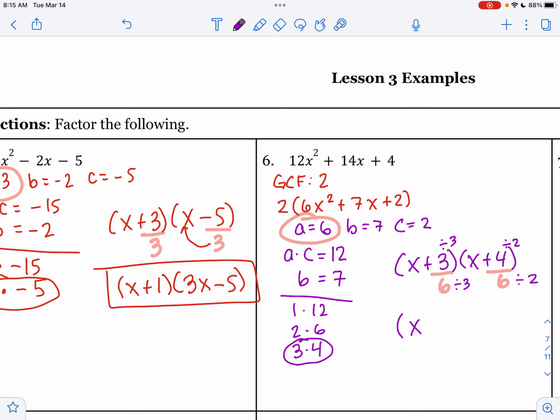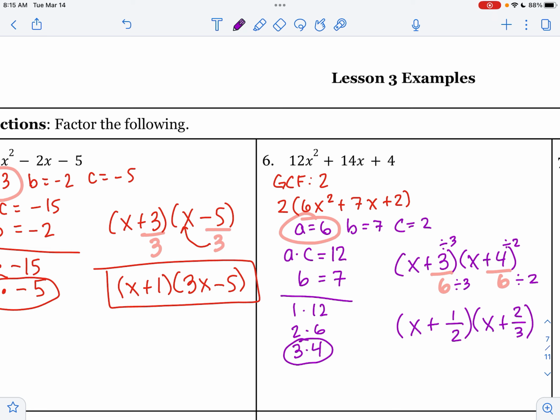So we have 3 divided by 3 is 1. 6 divided by 3 is 2. And then I have x plus, so what I just did, by the way, is 3 divided by 3, which is 1, right here. And then I had 6 divided by 3, which is 2. Okay, so here 4 divided by 2 is 2, and 6 divided by 2 is 3. So I'm going to say 2 over 3.